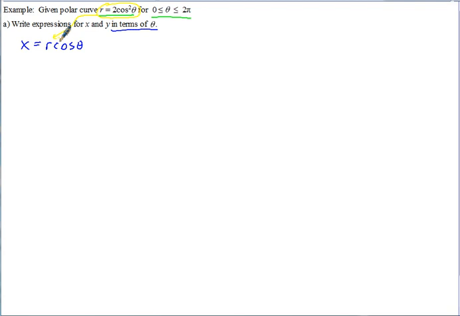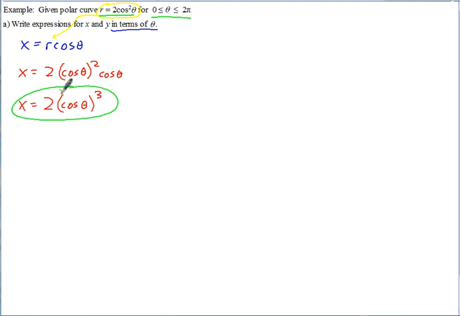R right there. So we have x equals 2. Now when that squared is there, what it really means is cosine theta squared, and then times another cosine of theta. So you can simplify this and make it x equals 2 cosine of theta cubed. So now there's an expression for x in terms of theta.